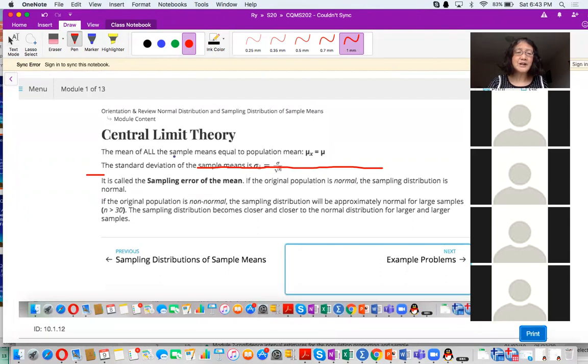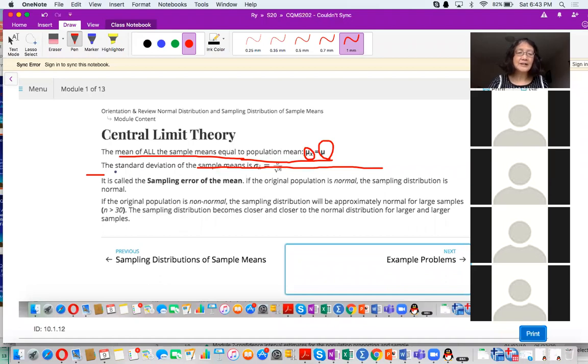Central limit theorem says the mean of all sample means equals the population mean. So mu is the population mean, mu x is the sampling mean, they are equal.